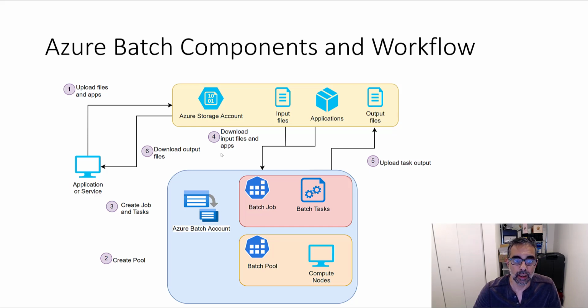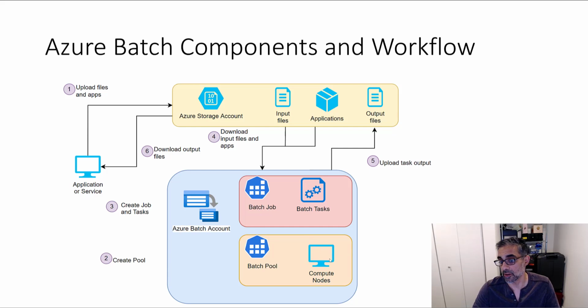Okay, so now in step 4, when we are ready to get this whole multiprocessing thing going, we need to download the input files and applications to the compute nodes. So the application, in this case the video processing app, has to be downloaded to each individual compute node.